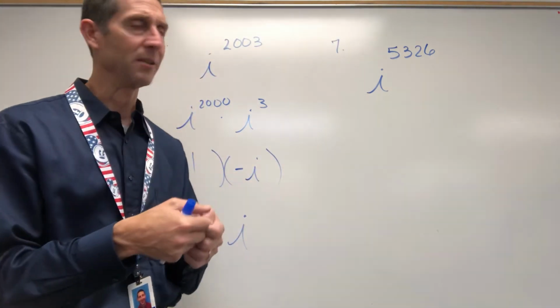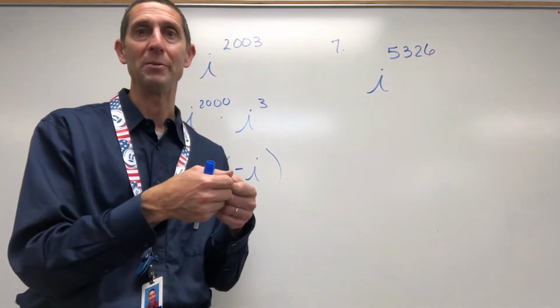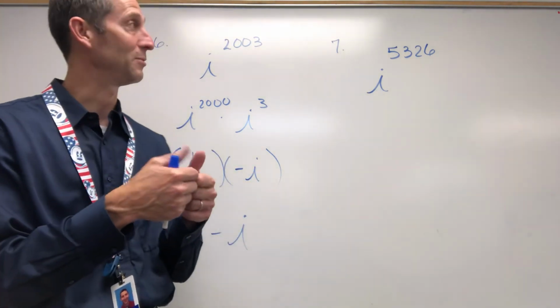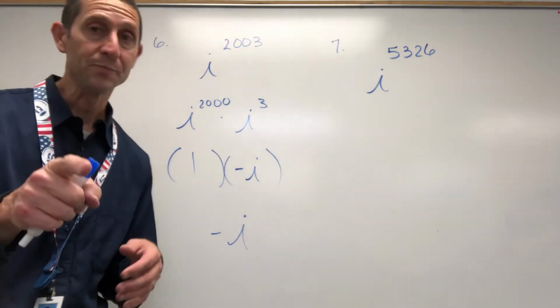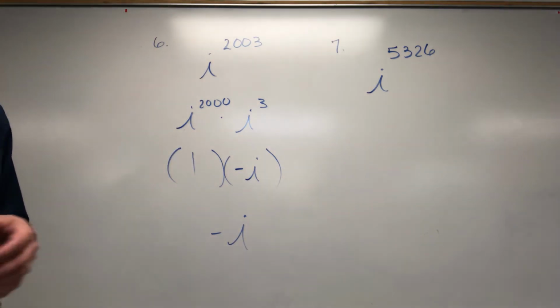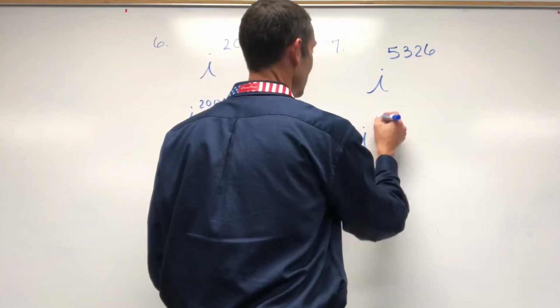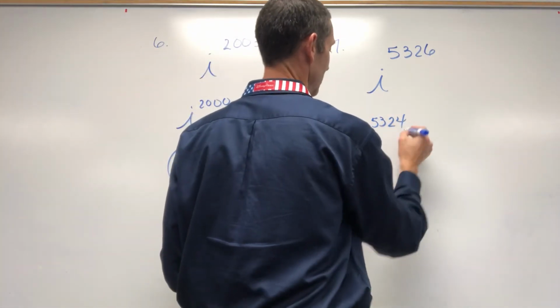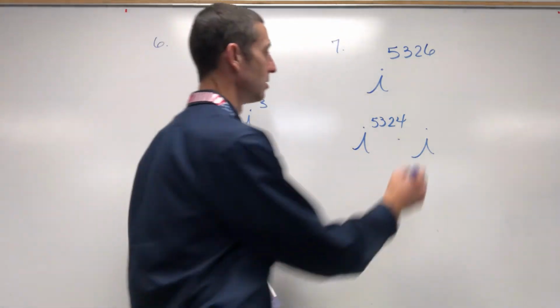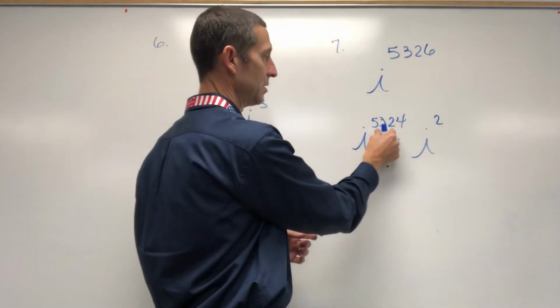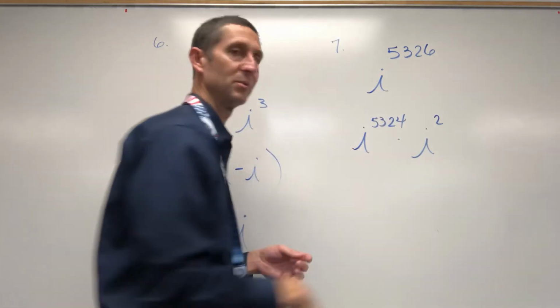So you're working your calculator, maybe it's 5322, maybe it's 5324, maybe it's 5326 on the nose. So closest multiple of 4 is going to be the 5324. But don't forget, you still got 2 more I's you have to include, I squared. So this plus that gives you the 5326.